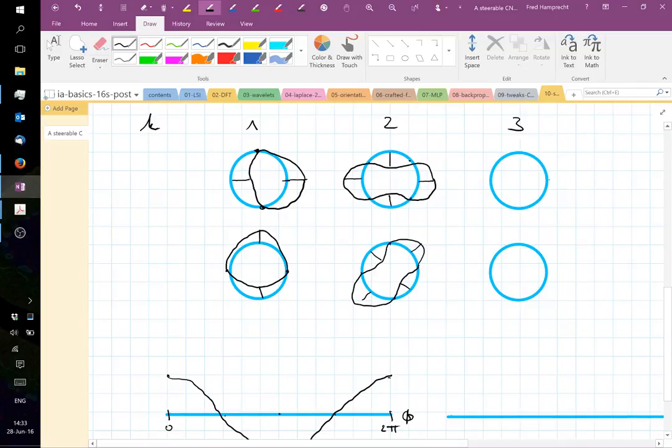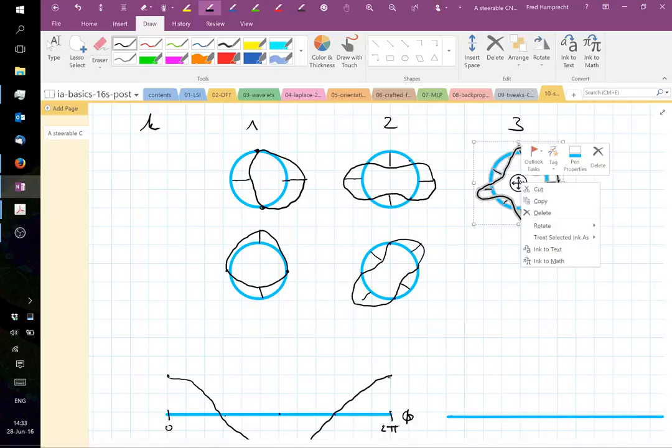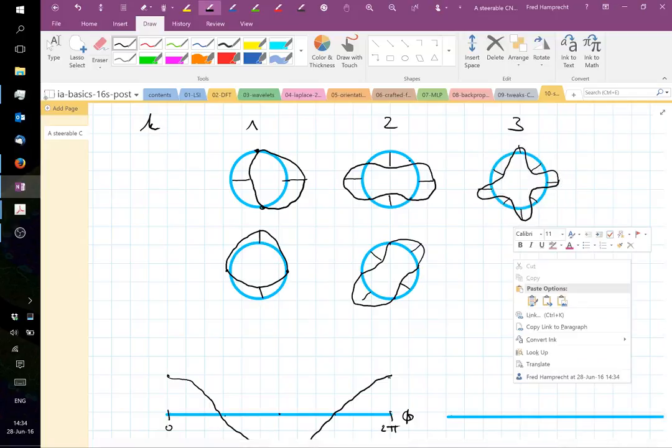Oh no, now it's getting difficult. I hope this is right. I didn't want 4 lobes, I wanted 3.